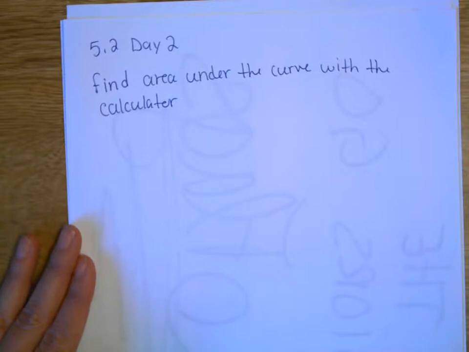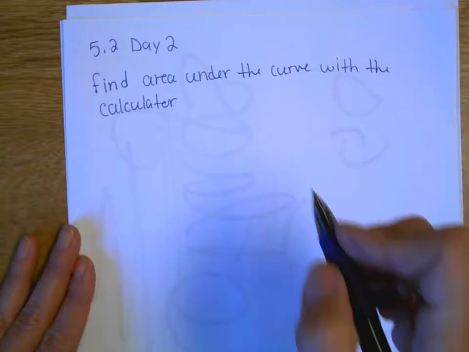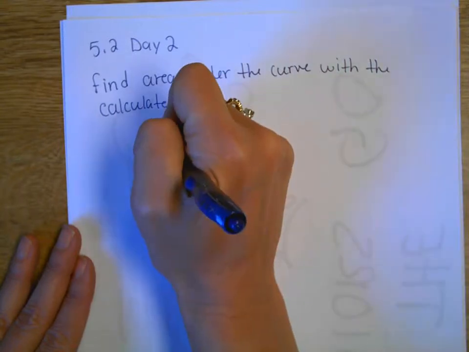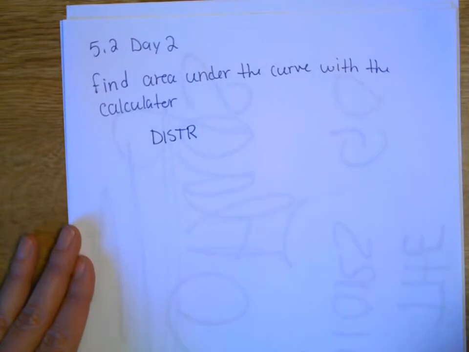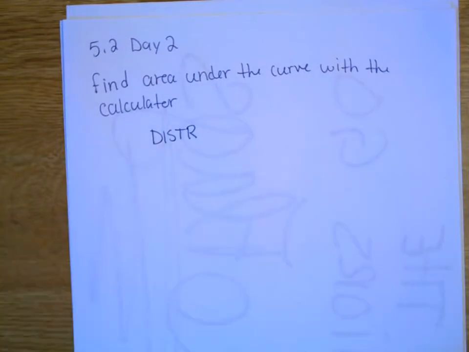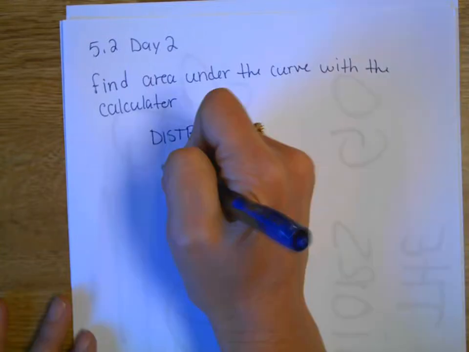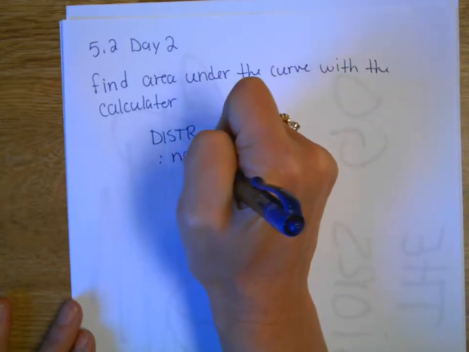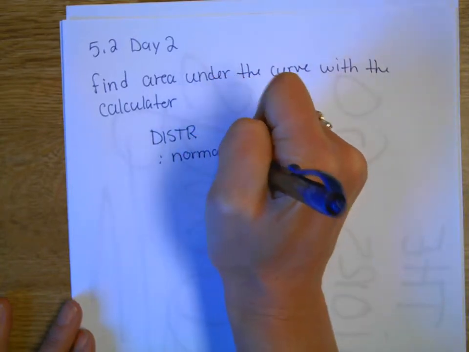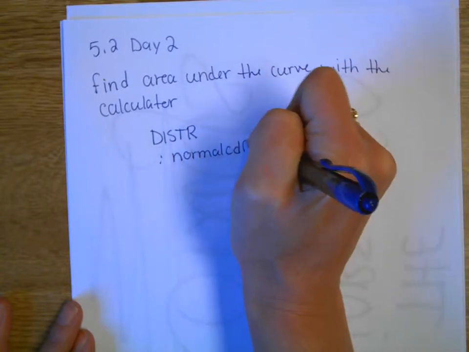The function on the calculator that's going to give you the area under the curve is under distributions. I'll show you this after, just write it down. Distributions. And then we're going to look for normal CDF.